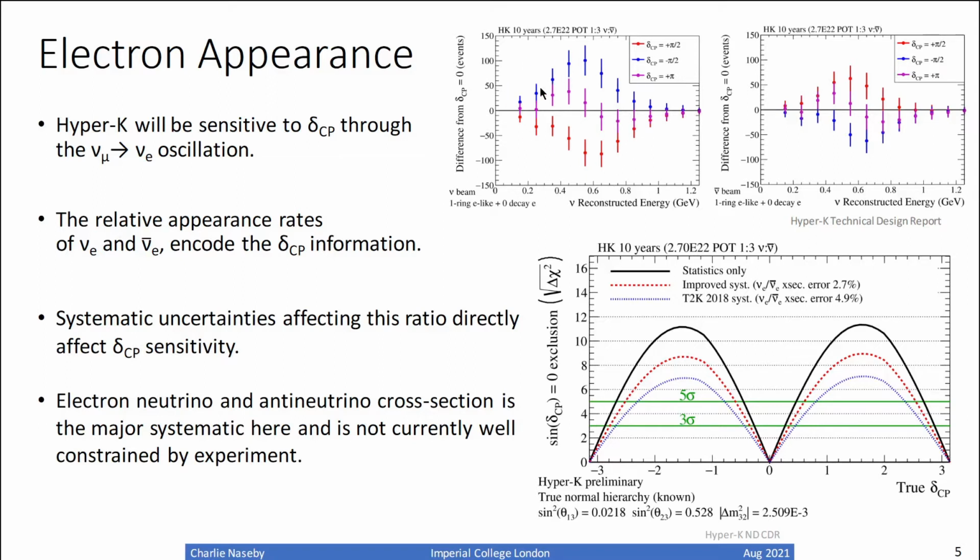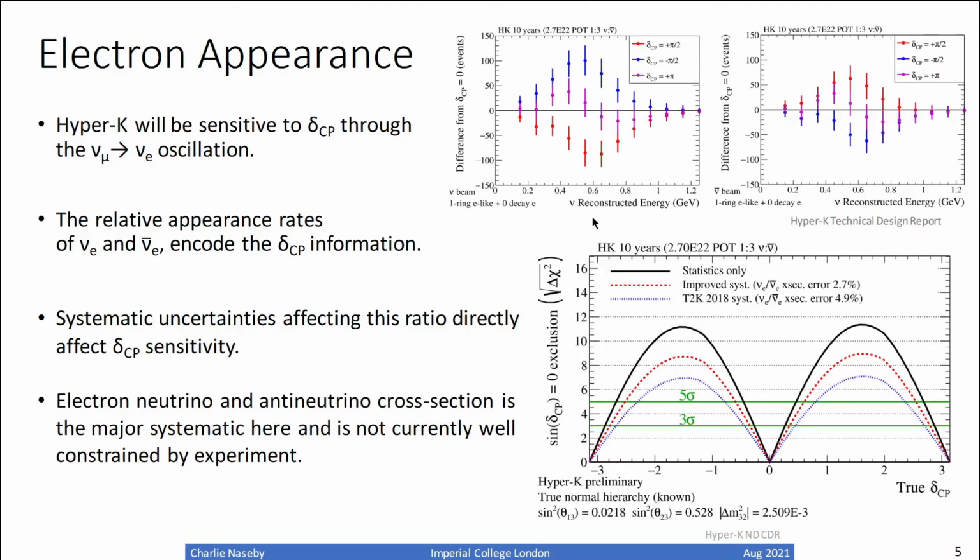So for example, here we can see the difference between the CP conservation case for electron neutrinos and for anti-electron neutrinos. If delta CP is negative, then we expect the electron neutrino event rate to increase and the anti-electron neutrino event rate to decrease. So the ratio of the electron neutrino to antineutrino encodes the delta CP information.